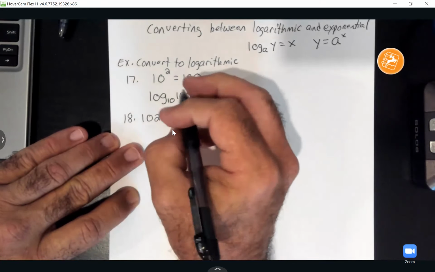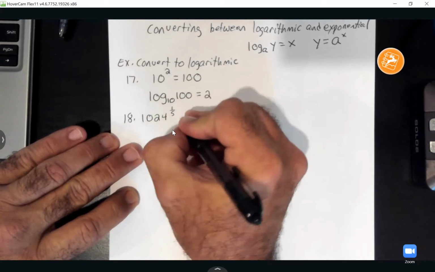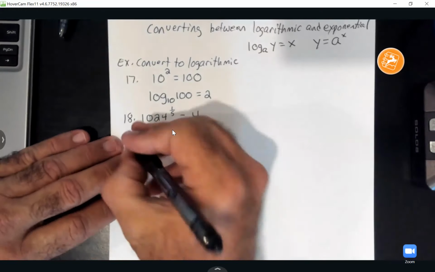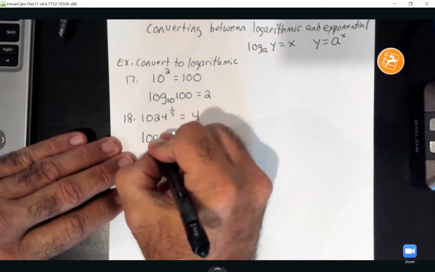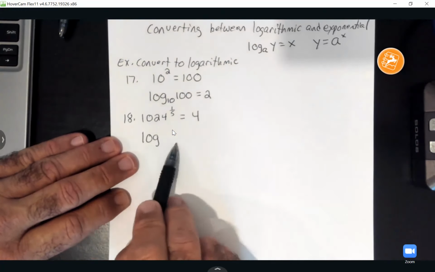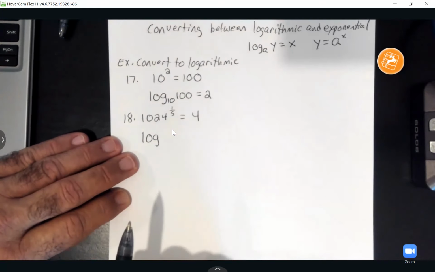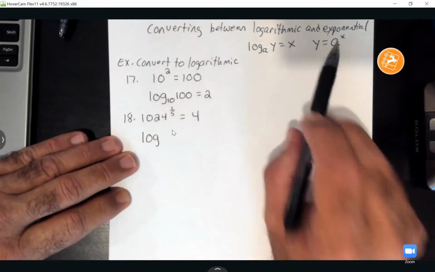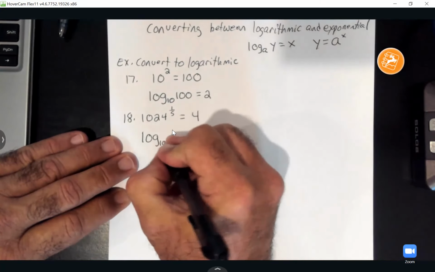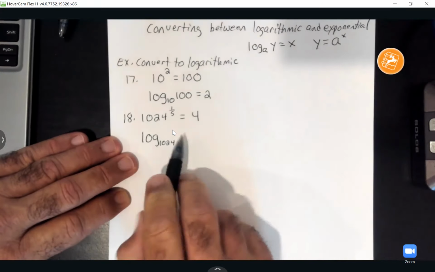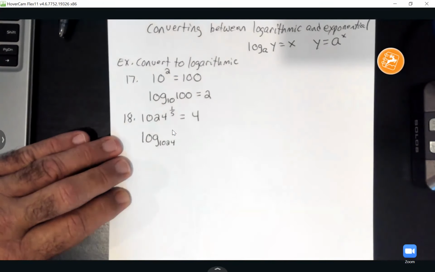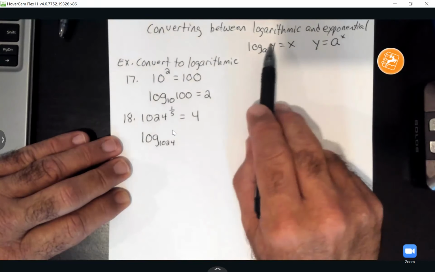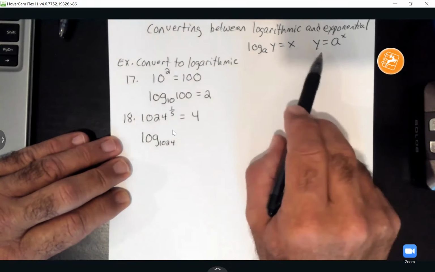1024 to the 1/5 equals 4. So I'm gonna bring down my log. So what is the base of this logarithm? The base is 1024. The result goes next, which is the, so see, the y is the result.